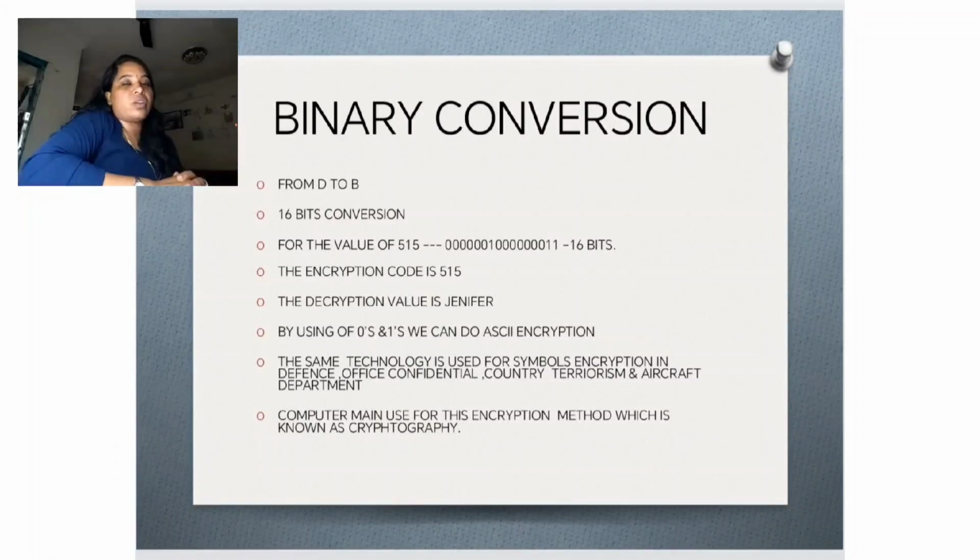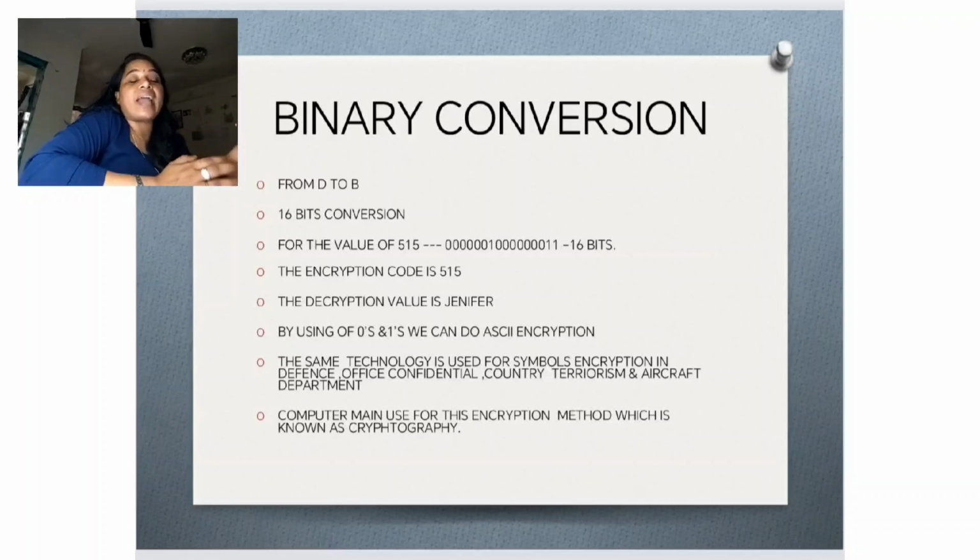Binary conversion. Why I say that example right now is because I want to convert the values from decimal to binary. Decimal to binary means we are going to make the value in 16 bits conversion. 16 bits conversion means I have only 10 bits, and the remaining 6 bits I don't have. So what can we do? We are going to add 6 extra bits to the 10 bits.